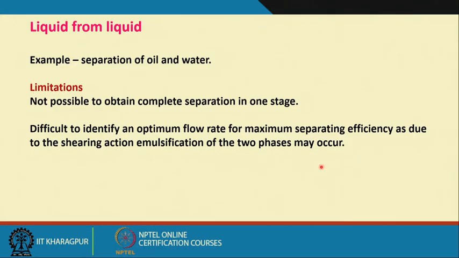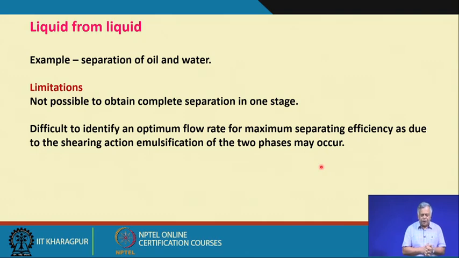Then liquid from liquid separation, an example I have already given, that is separation of oil and water. If you want to separate oil and water, you can use it, but the limitations are that it is not possible to obtain complete separation in one stage, and it is difficult to identify an optimum flow rate for maximum separation efficiency, as due to the shearing action emulsification of the two phases may occur.